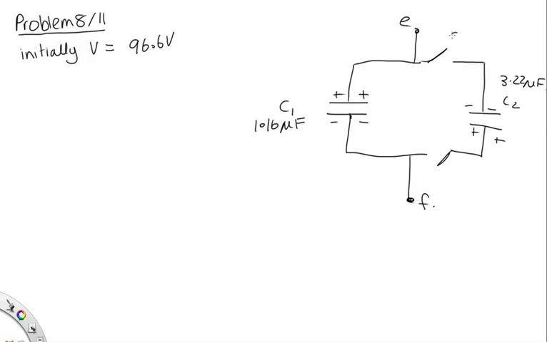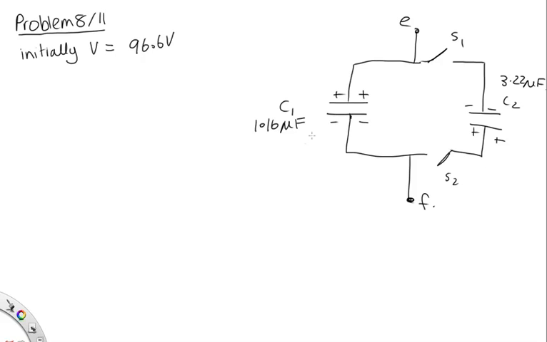Now switch S1 and S2 are now closed and we're asked to find what's the potential difference between E and F. Okay, when this switch is closed, what's going to happen is these negative and positive charges are going to flow together and they're going to cancel out as much of the charge as it can.